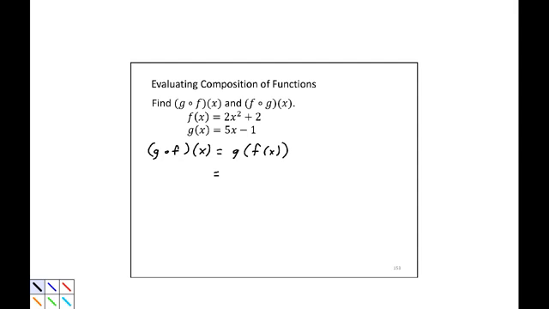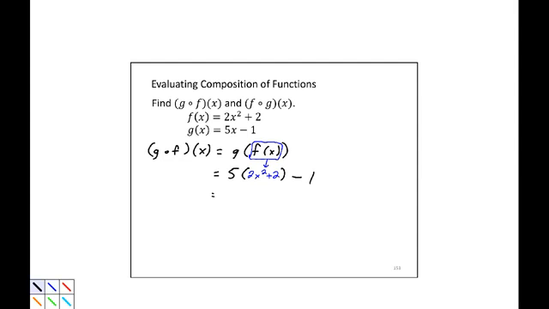Everywhere I have an input for g of x, I'm going to put in my f of x. So my function g of x is 5 times something minus 1. But I am going to insert my f of x into this. f of x is 2x squared plus 2.